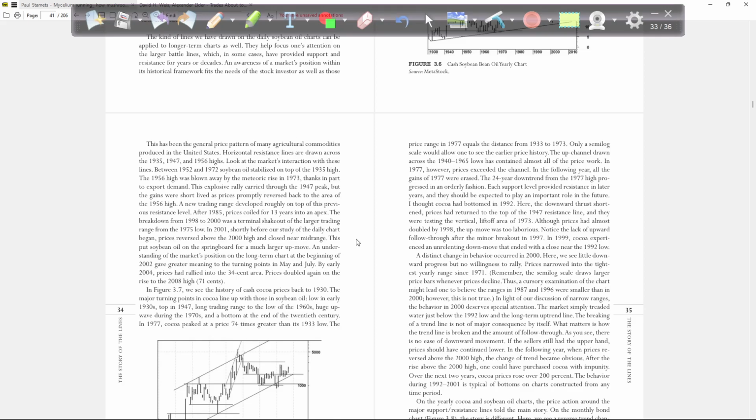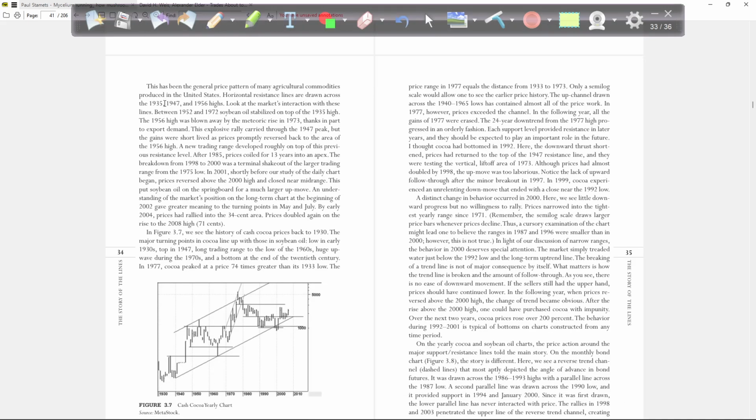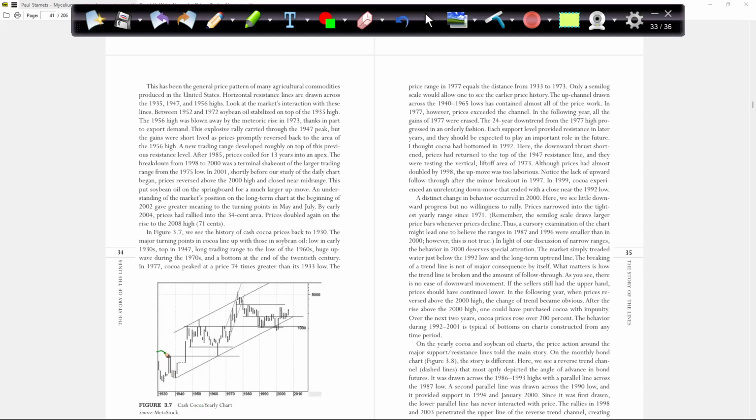Horizontal resistance lines are drawn across the 1935, 1947 and 1956 highs. Look at the market's interaction with these lines.